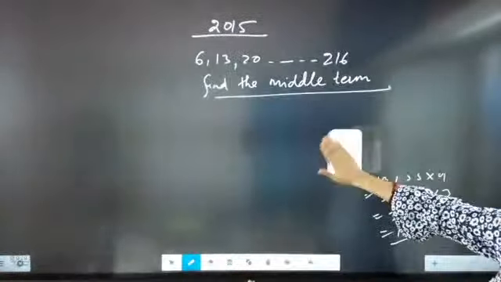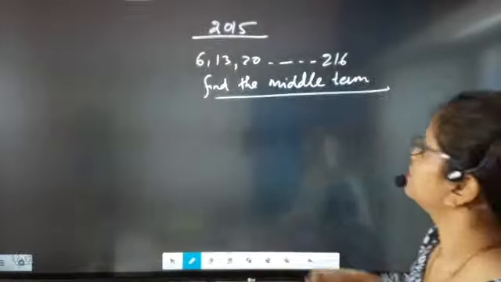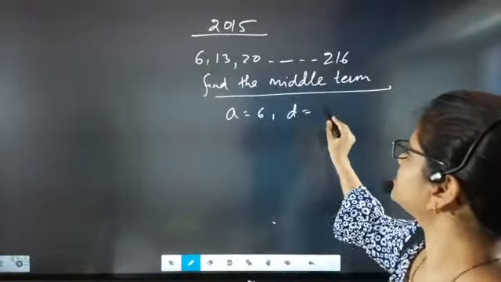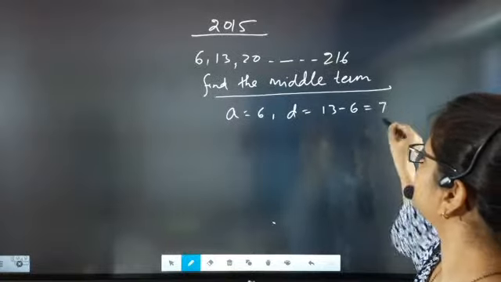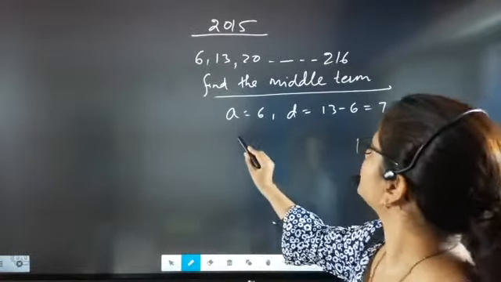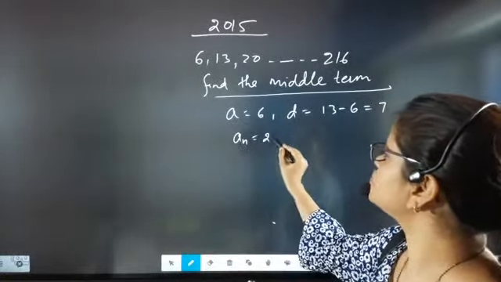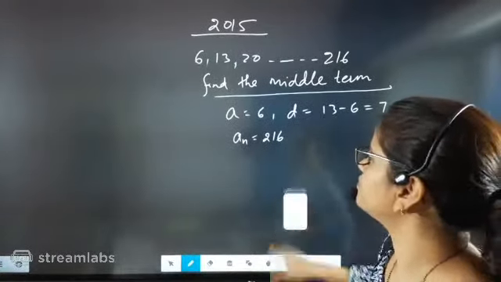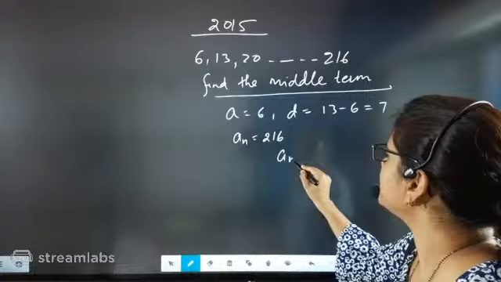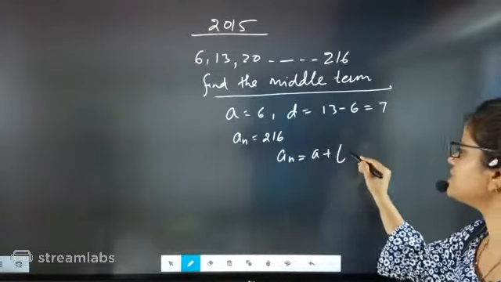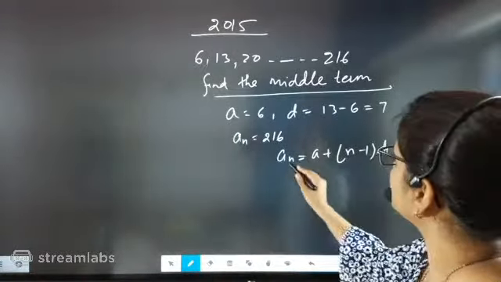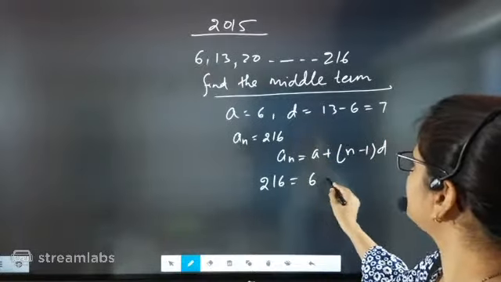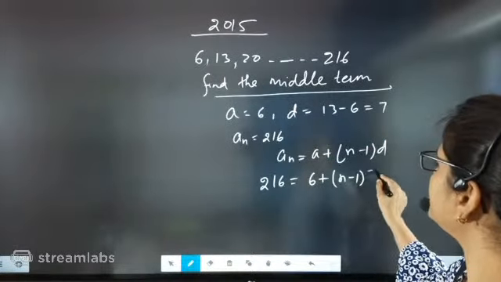Let's see, beta. So first, a is 6. Common difference is 13 minus 6, which is 7. Now the last term an is 216. The formula is the general term: an equals a plus n minus 1 into d. So 216 equals 6 plus n minus 1 into 7.